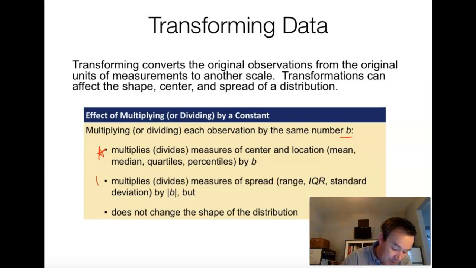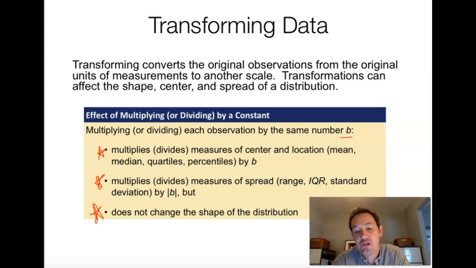It also multiplies or divides measures of spread by the absolute value of b. It will not change the overall shape of the distribution. It may distort it, meaning it can compress it or expand it, stretch it out, but it won't change the overall shape, meaning if it was roughly symmetric, it's still going to be roughly symmetric. If it was a right skew, it's still going to be a right skew.